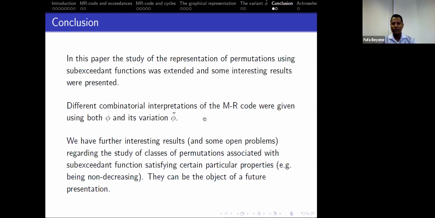Different combinatorial interpretations of MR code were given for both Phi and Phi Tilde, and we have further interesting results and some open problems regarding the study of classes of permutations associated with particular subexceedant functions satisfying certain properties, like non-decreasing subexceedant functions, for all i that satisfy an integer interval and the like. And some of this can be a part of a future presentation.